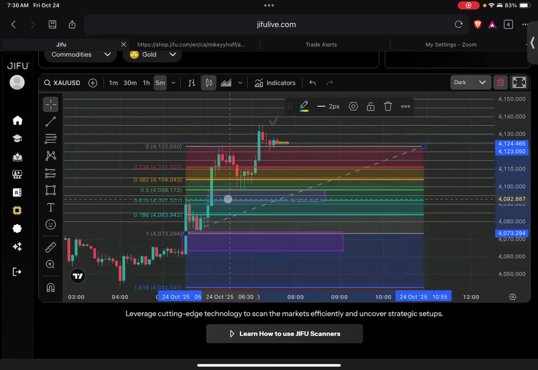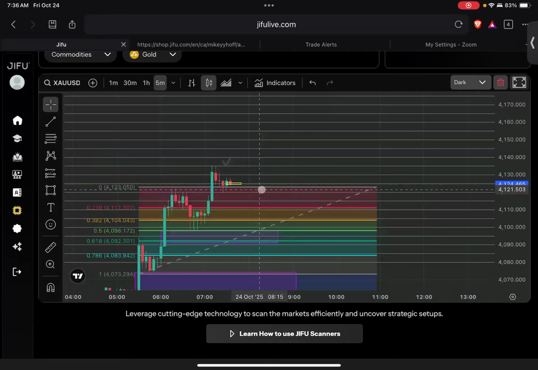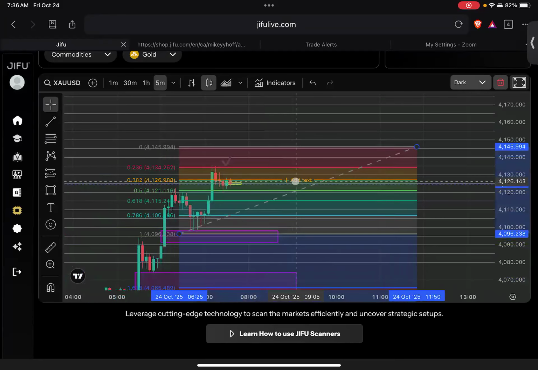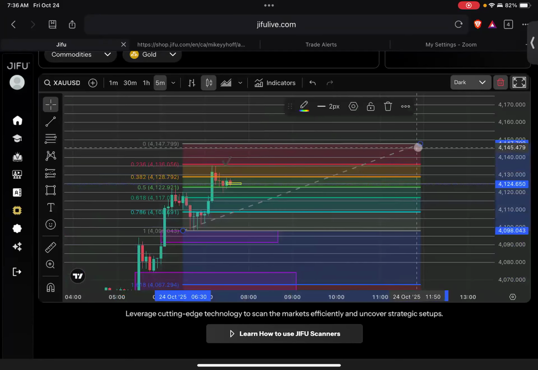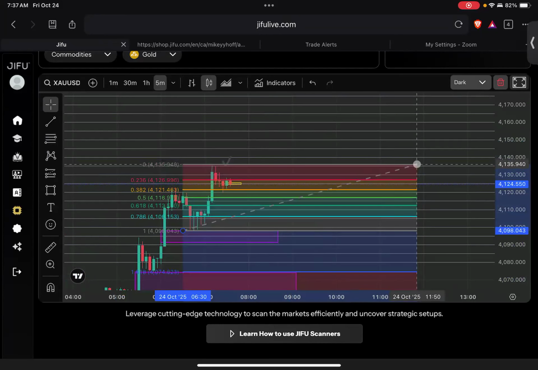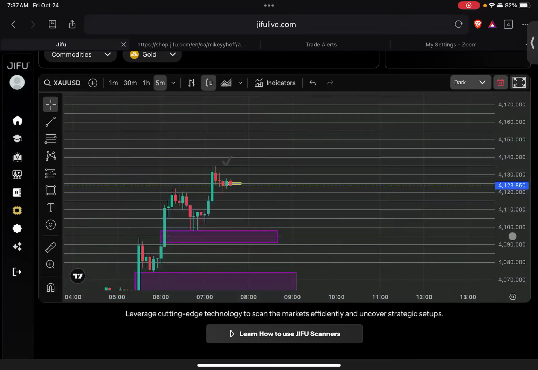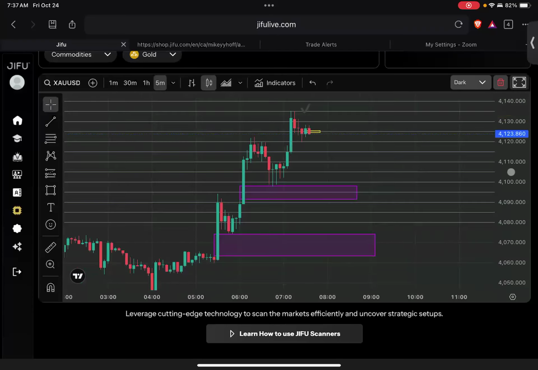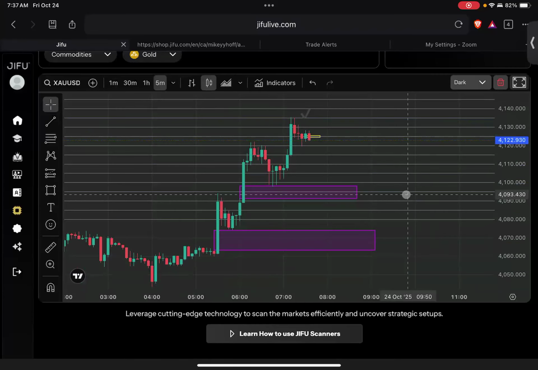This one we got 50. That's 382, yeah. I would just hold off on this right now. We're not taking this trade.